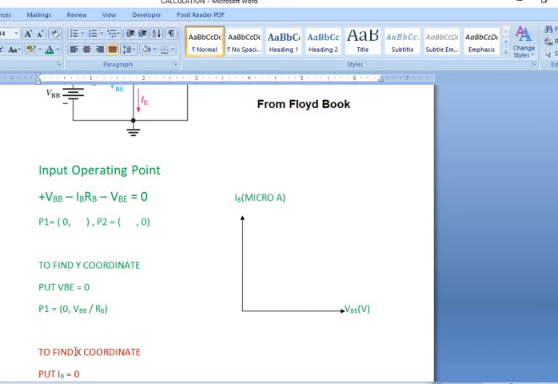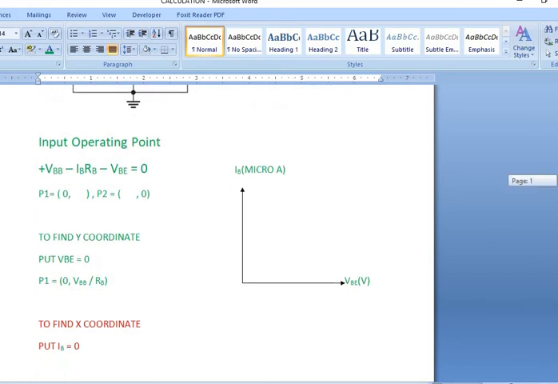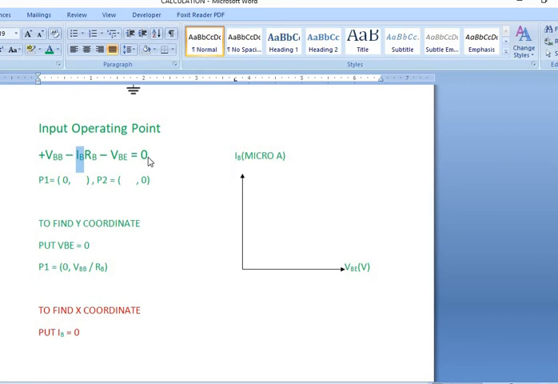In the second case, to find the x coordinate, we can put this IB value as 0, and then what happens, VBE is equal to VBB. This VBE moves to the right direction because of the negative sign, and this becomes 0.